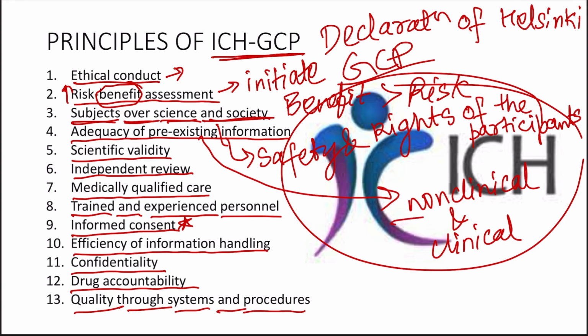That is the preclinical studies, that is the animal studies, and some of the clinical studies which have been already conducted regarding the particular research area which we are targeting in the clinical trial. If they are adequate enough and we are having adequate information about those trials, then only we can start the present trial.